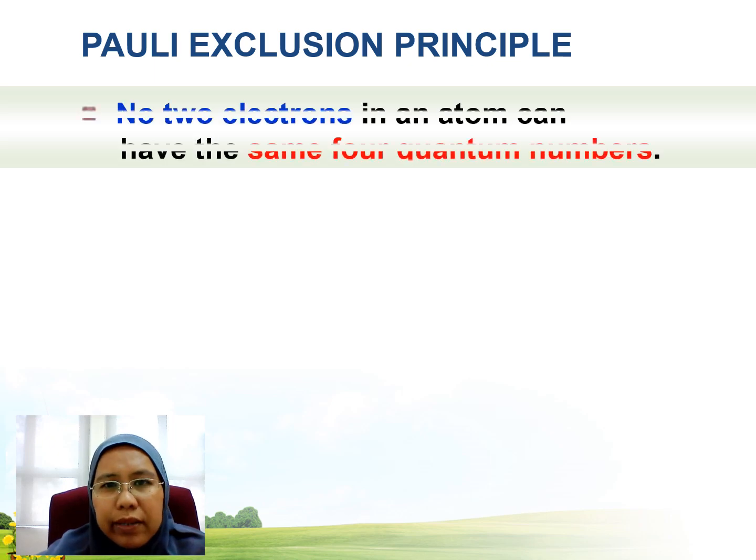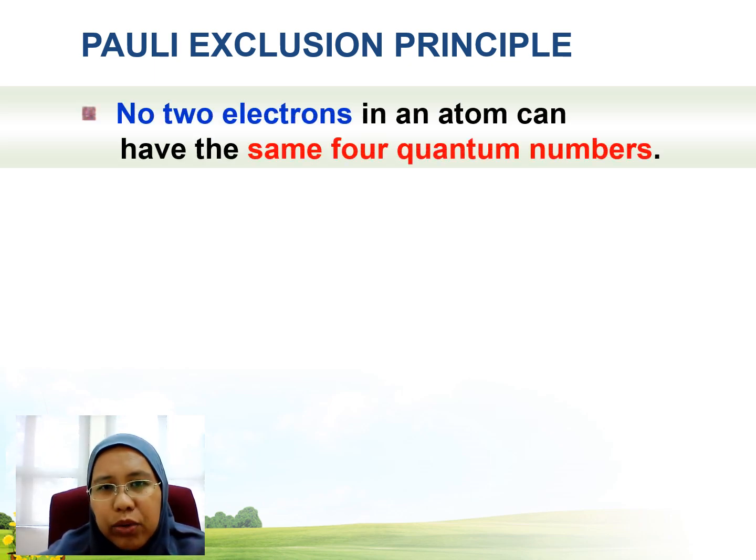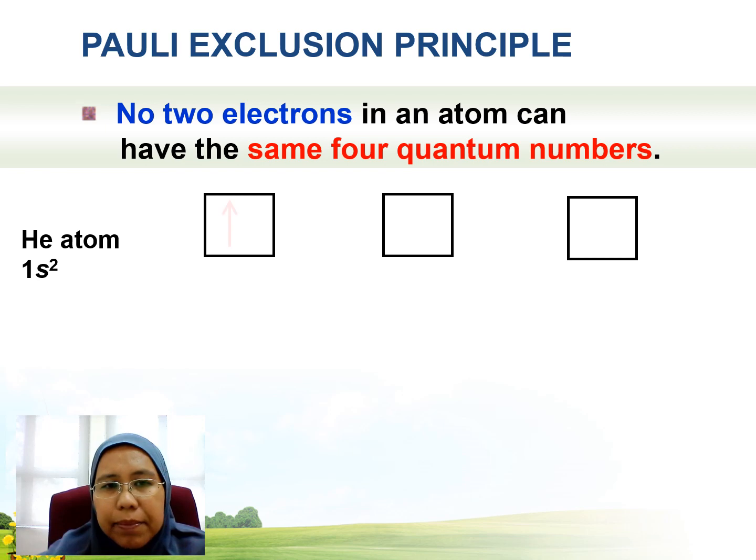According to the Pauli exclusion principle, no 2 electrons can have the same 4 quantum numbers. For example, in helium, the first electron's spin is going upward.